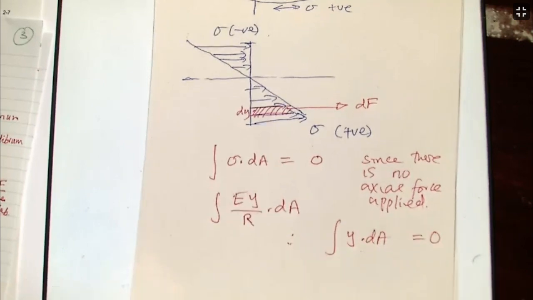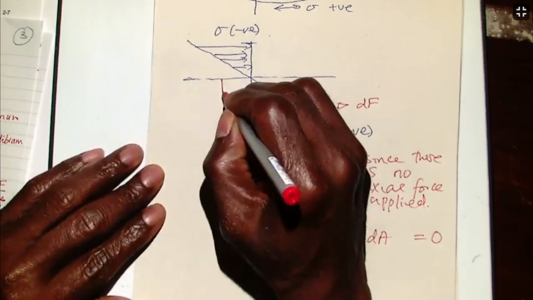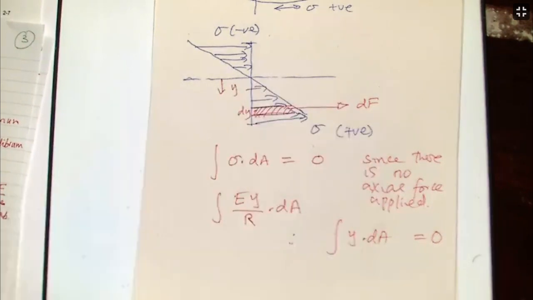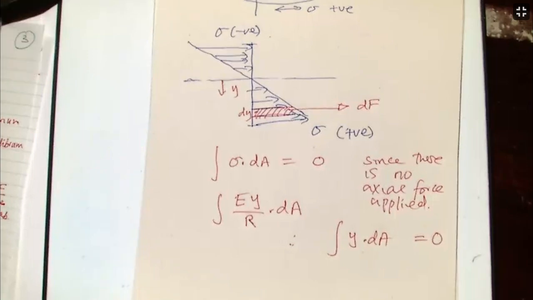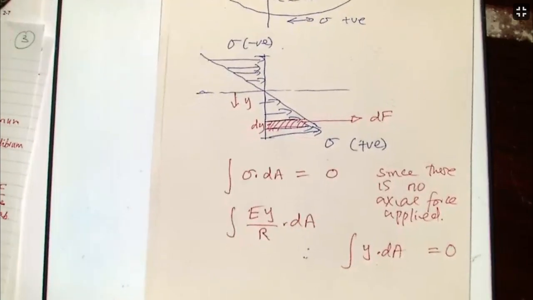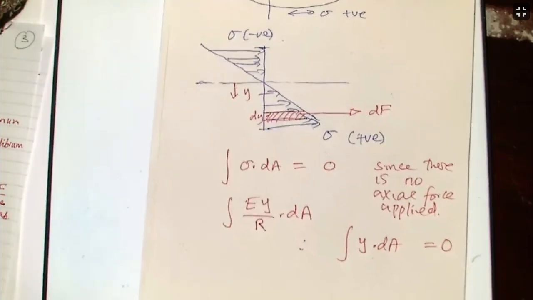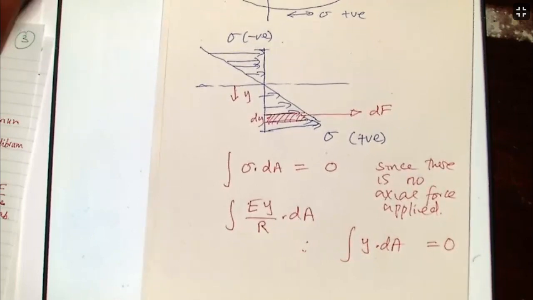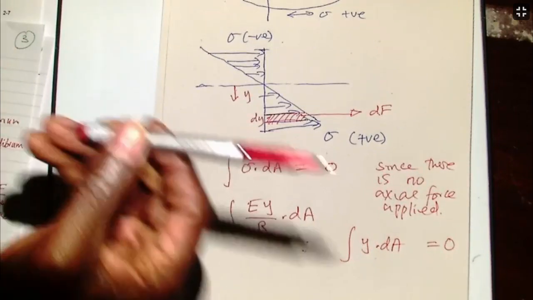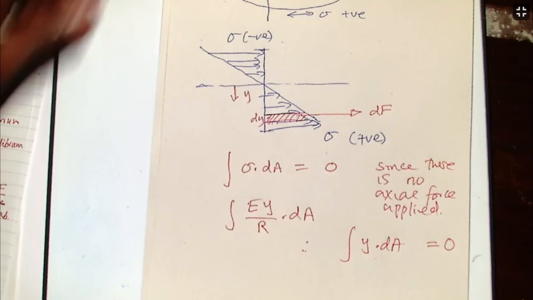Remember, Y is the distance from the neutral axis, so going downward here is our Y. That suggests that the first moment of area of the cross-section about the neutral axis is zero if you don't have any load applied along the length of the beam.